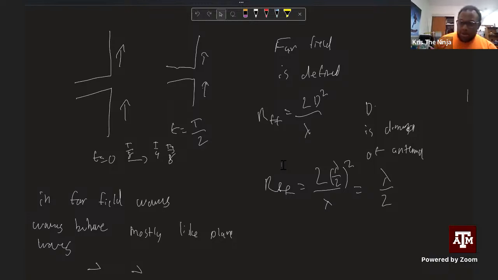So 104.1 megahertz. We know that the velocity of the propagating wave is the speed of light. So we do c over 104.1 megahertz.